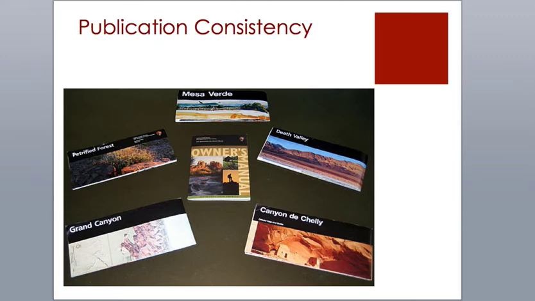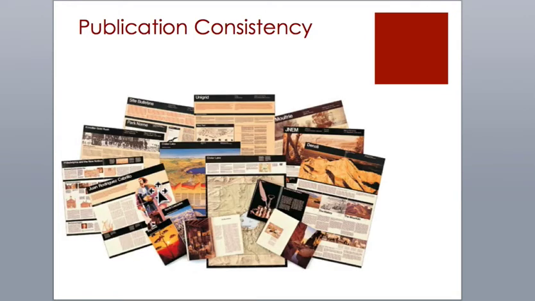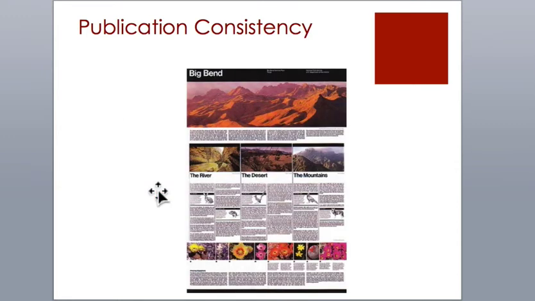One of the most, I think, impressive uses of complex grid structure is the national park system. I talked about multiple elements that span different kinds of formats and so on, and the national park system has done a really, I think, excellent job. So you'll see that in all of their multiple types of publications, they use the exact same grid.